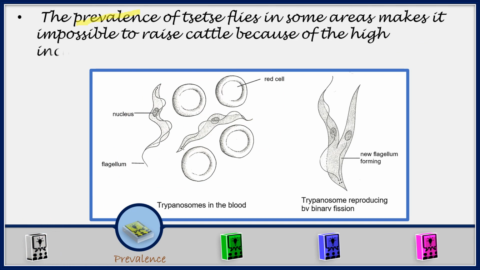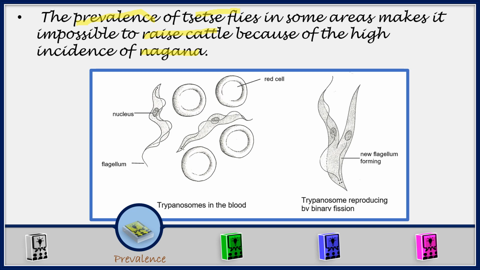The prevalence of tsetse flies in some areas makes it impossible to raise cattle because of the high incidence of nagana.